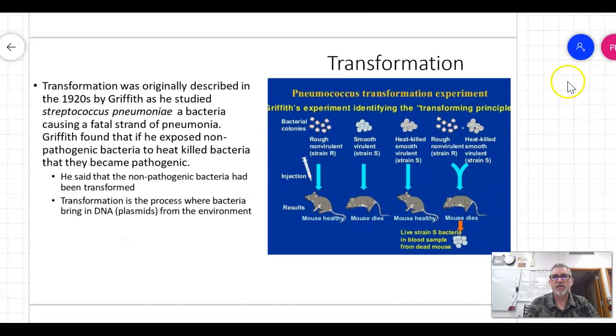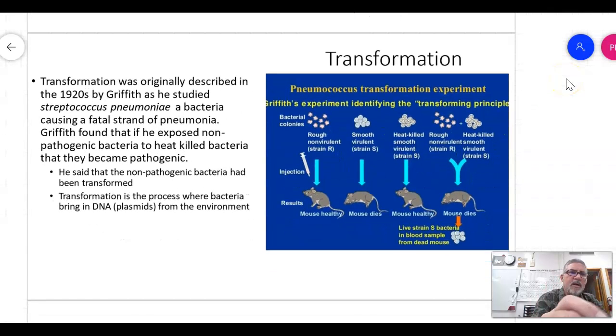All right, so transformation. This was the first one discovered, a very famous experiment. A guy named Griffith, in 1920, was looking at strep pneumonia. So he did this experiment.